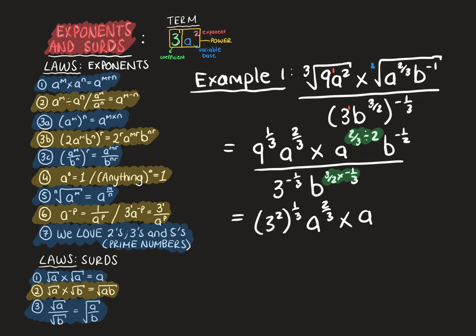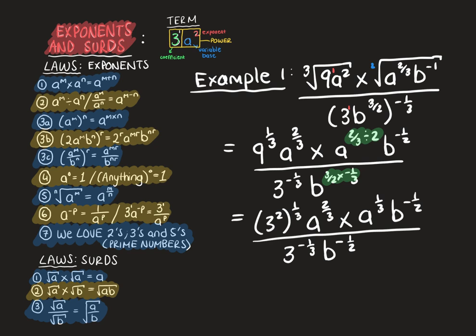Now, when you do 2/3 divided by 2, you can use your calculator, but you can also test your mental math abilities. You flip the fraction, change it into a times, and you're going to be left with 1/3. And you've got b to the minus 1/2 all over 3 to the minus 1/3 b, and then it's 3/2 times, so that's going to be minus 1/2.